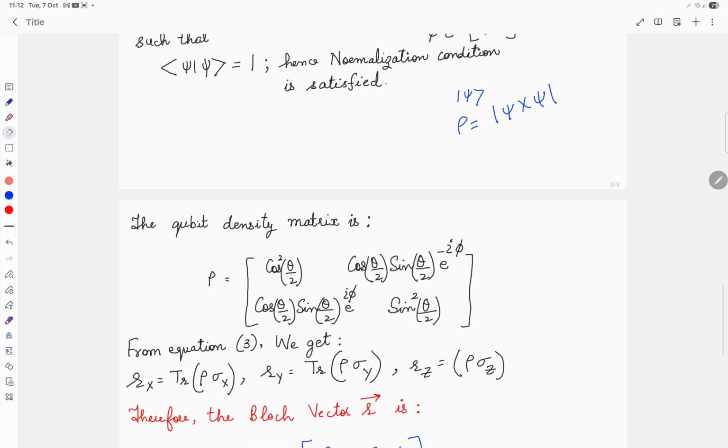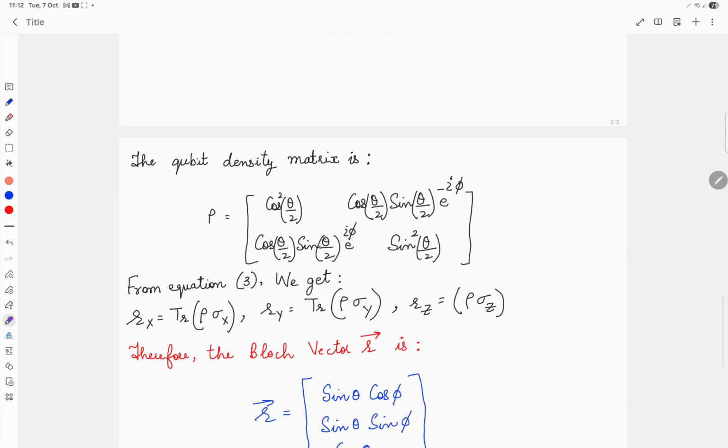So the density operator will be equal to this matrix that I have just shown you here, with the elements cos theta by 2, cos theta by 2, sin theta by 2, e to the power minus i phi, and the rest of the elements. Now we have rho here, which is the density operator.